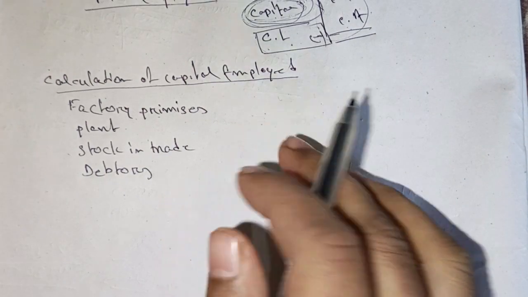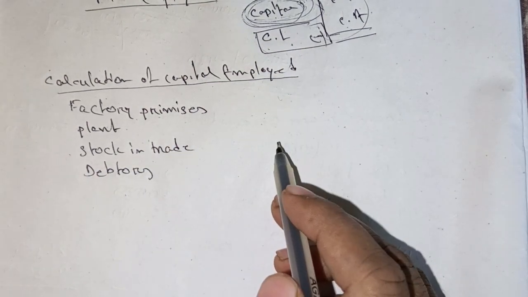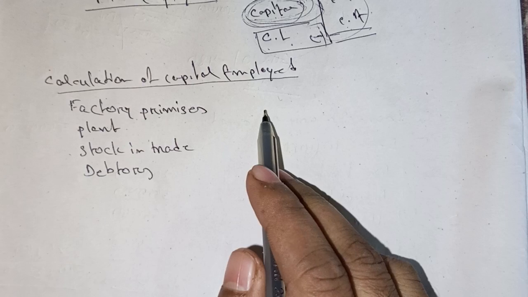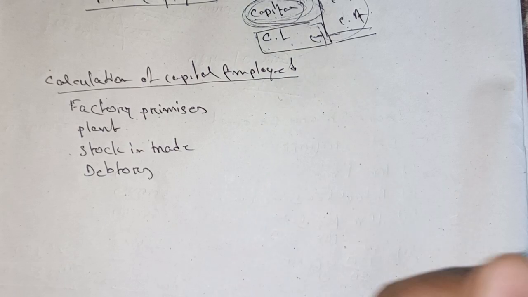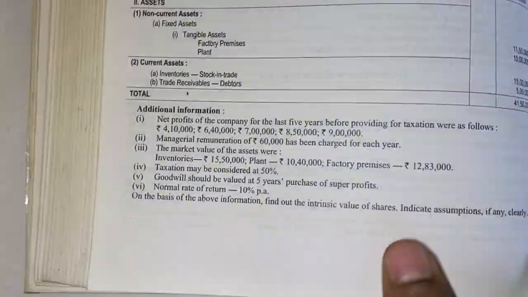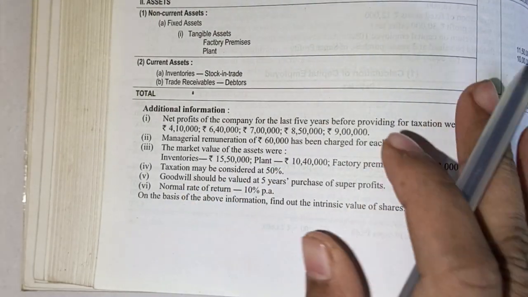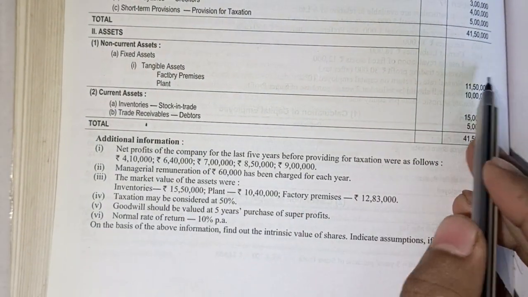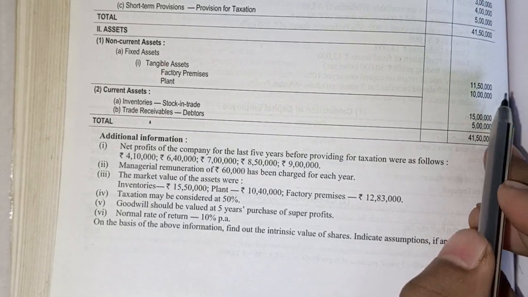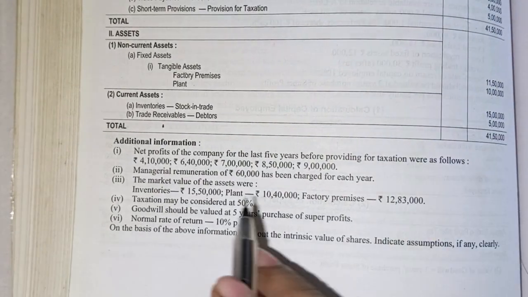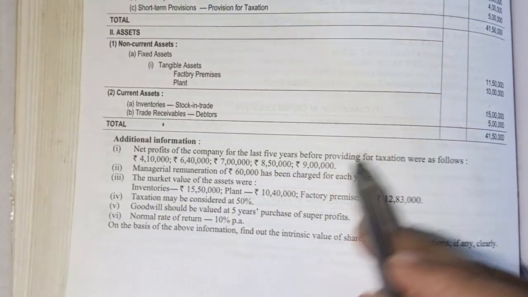But I didn't write the value. Why? Because additional information is given, we have to consider the additional information. You can see there are values given, but we will ignore the value if additional information is given on that value.